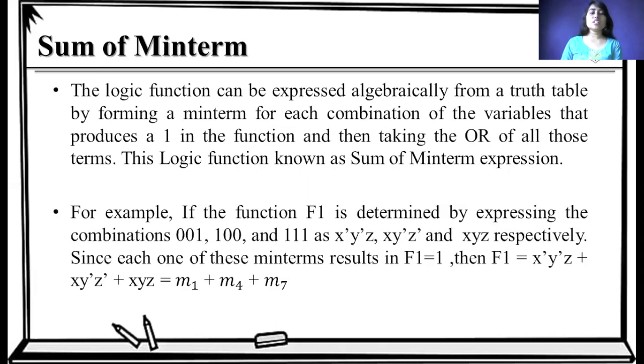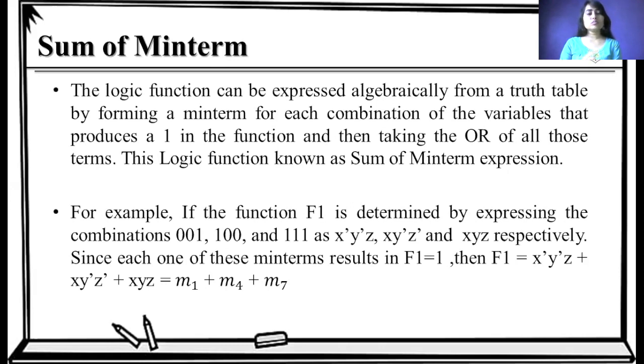For example, suppose function f1 is determined by the combinations 001, 100 and 111. That means function f1 produces output 1 only for these three combinations. Otherwise, we have a 0 output.